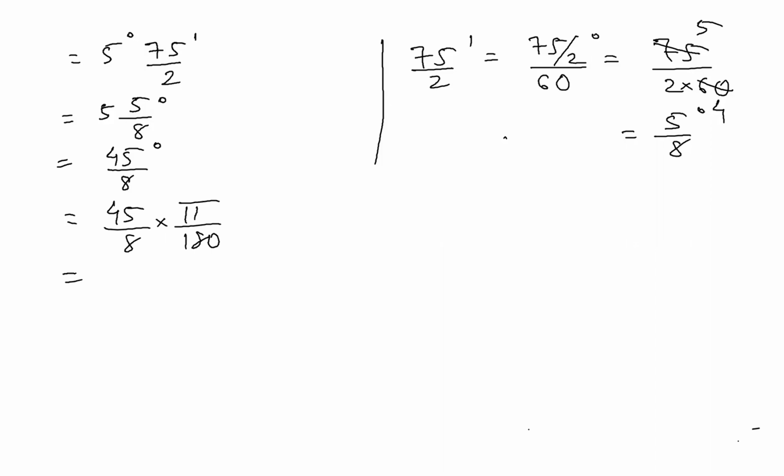How to get this? We can cancel out 45 and 180, it comes like 4. 45 into 4. So pi by 32 is the answer, and the unit is radians. Pi by 32 radians is the answer.